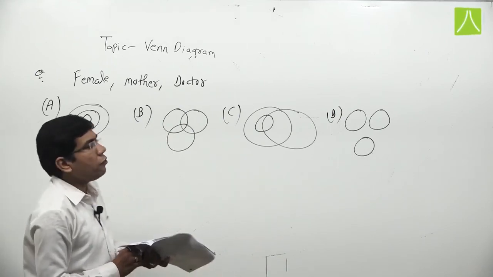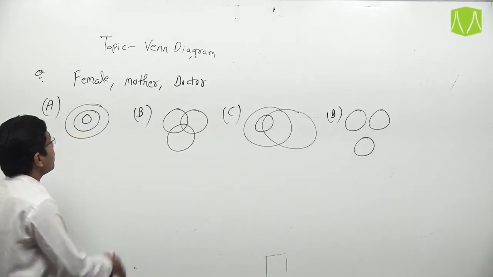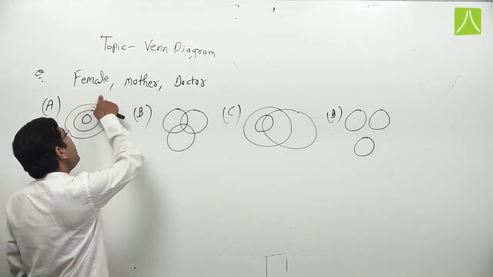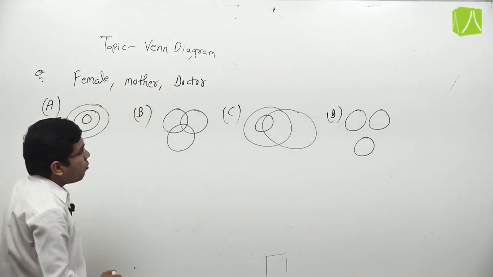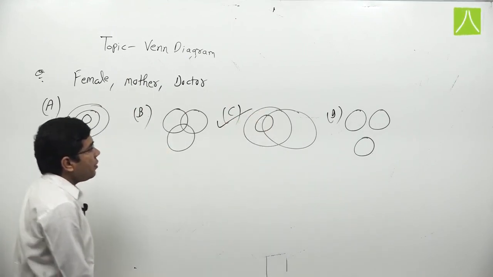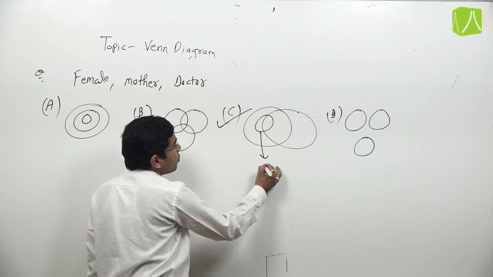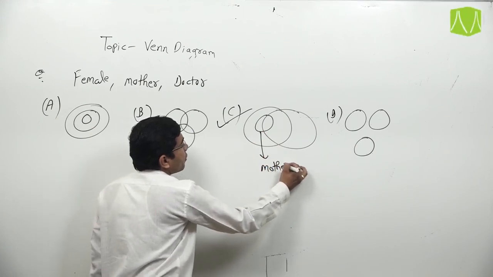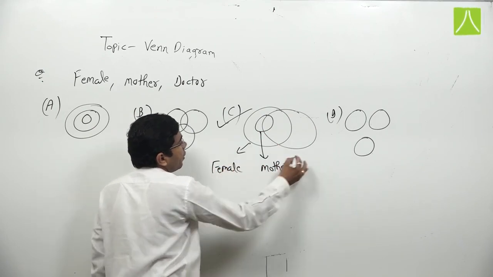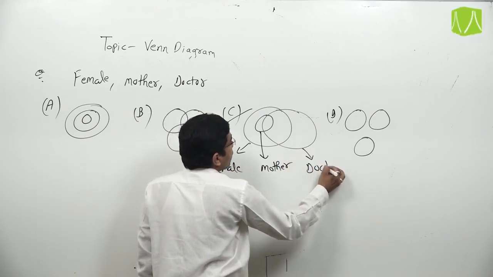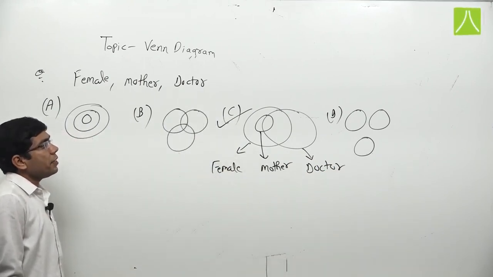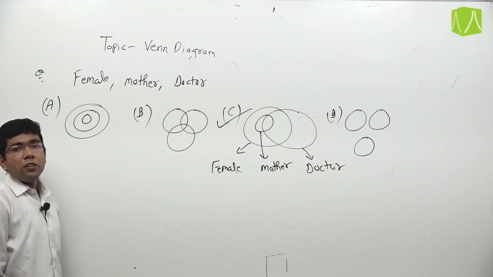Now we have to find the proper Venn diagram for this. Friends, we know that all mothers are female and some females can be mothers, can be doctors, or both. So for this question our answer should be option C. This circle denotes mother, this circle denotes female, and this circle denotes doctor. All mothers are female and some mothers can be doctors also.